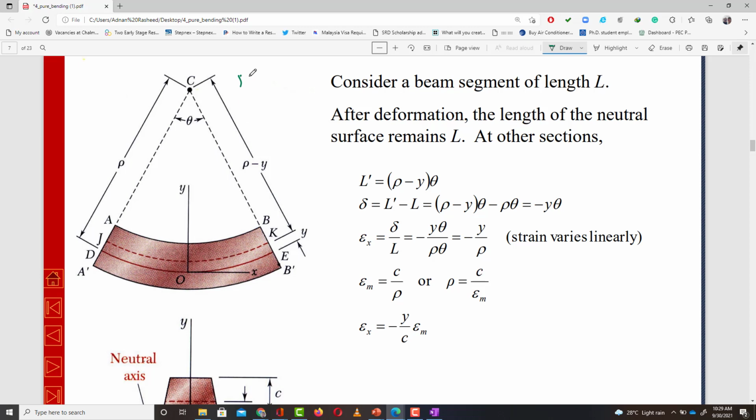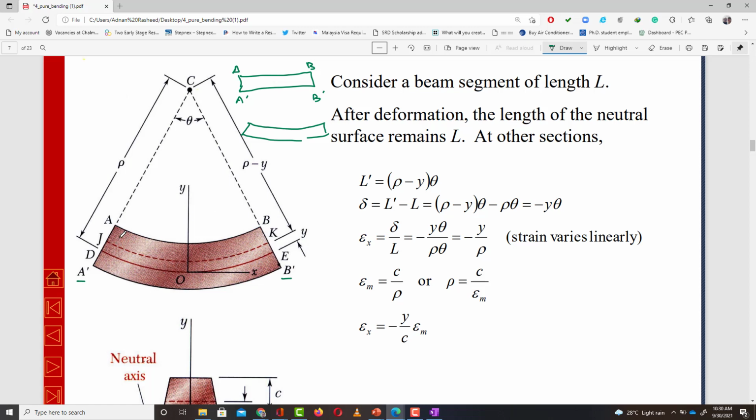Initially, the beam is of length L. This is A dash, B dash, A and B. This is before loading. When you apply moment, it tends to bend like this. The length A dash B dash increases and length AB decreases.